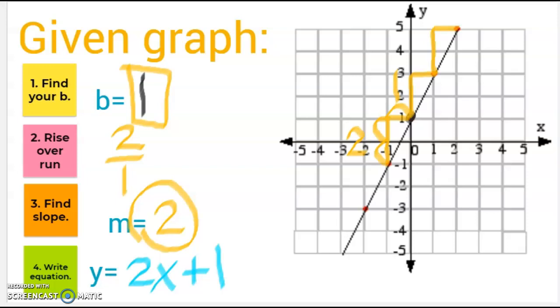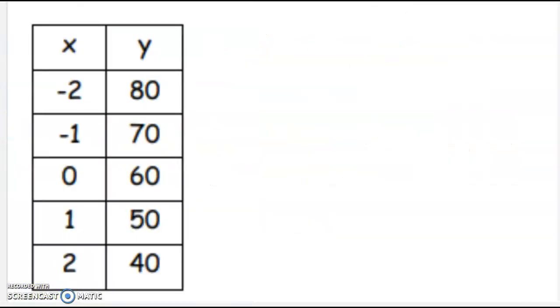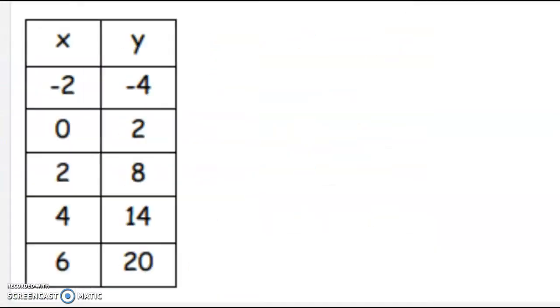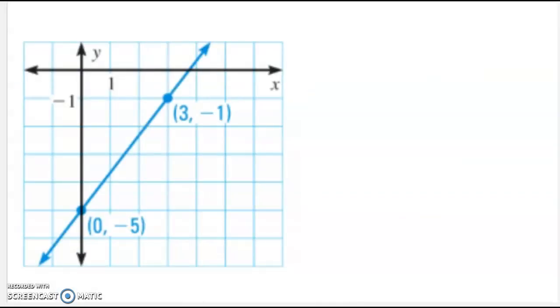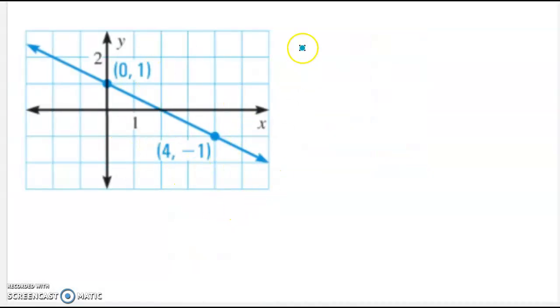The rest of the class time before we got our exit ticket was spent practicing. There are 3 slides that involve tables, and then there are 3 slides that involve graphs. So go ahead and finish those, practice those, and then you can join the Pear Deck that is linked as an exit ticket in Google Classroom.